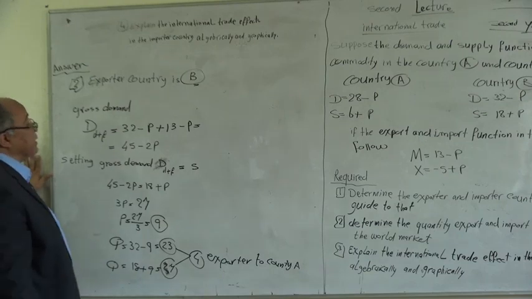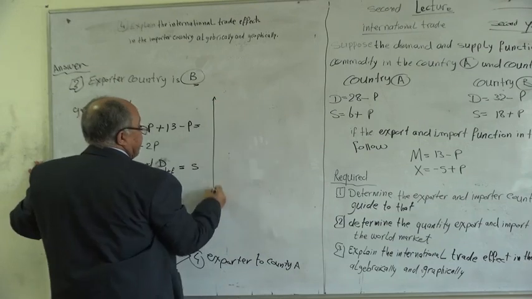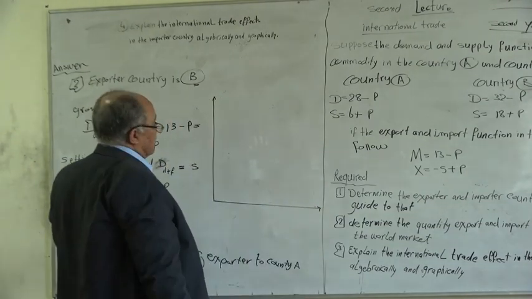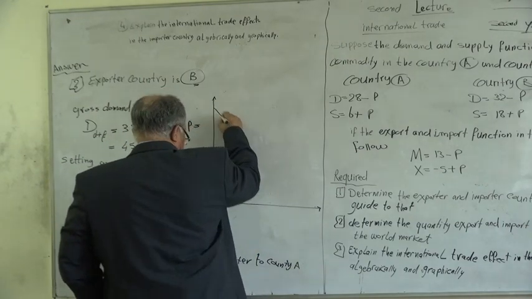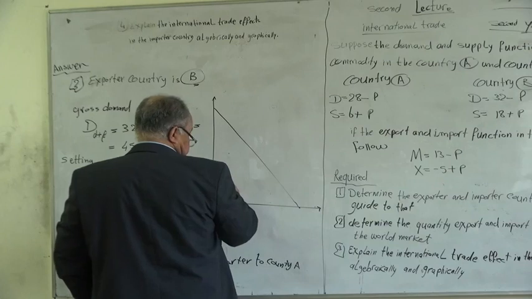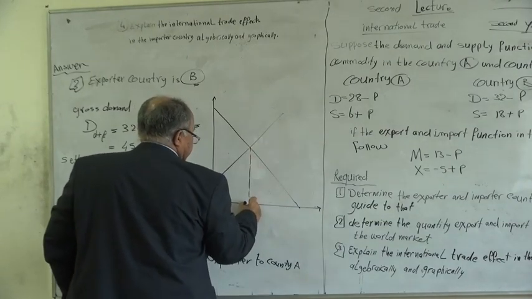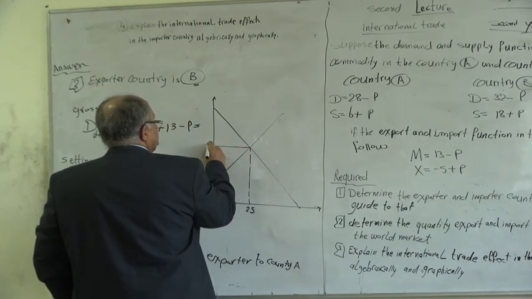This is algebraic. Graphically, before trade, demand and supply, 25 and 7.